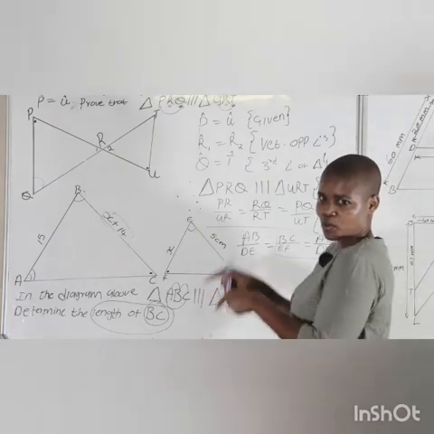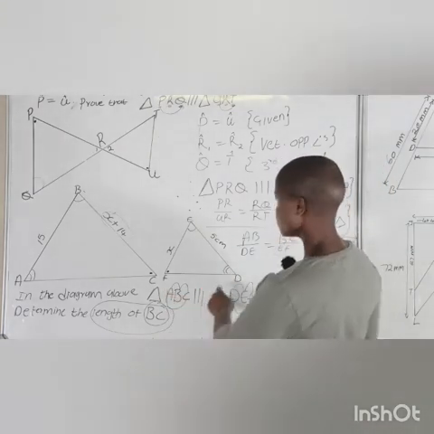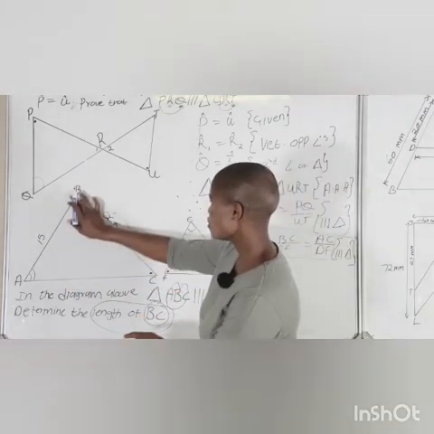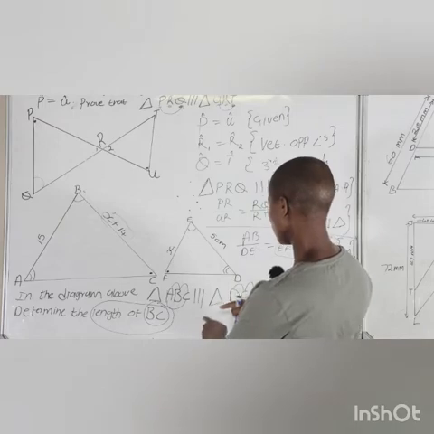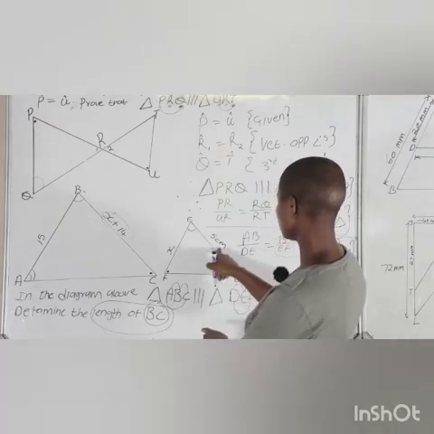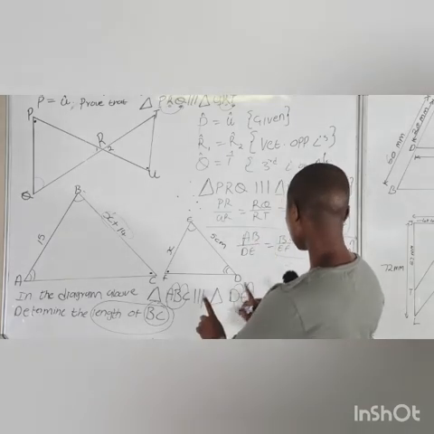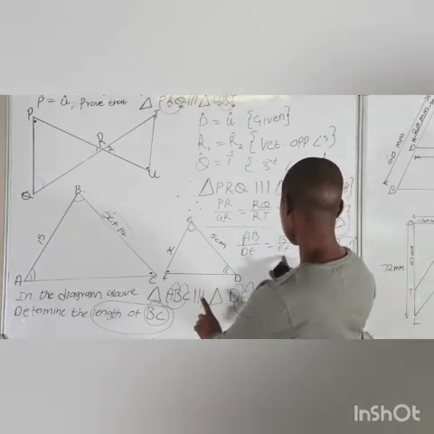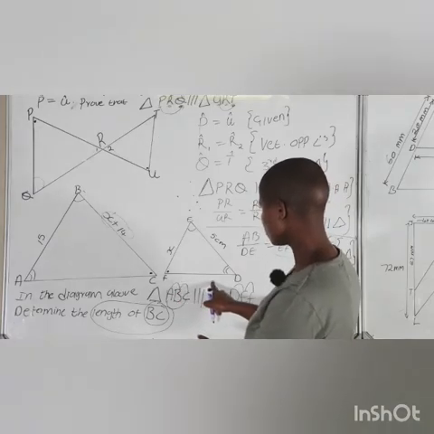You have to work with the ones that you know the values for. Does that make sense? So now let's check. AB, do we have the value of AB? Yes, we have got 50. So it means this one can work. Do we have the value of DE? Yes, we have got the value of DE. So this one will work. Let's double check. Do you have the value of EF?